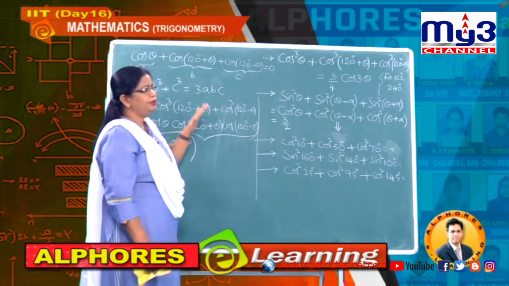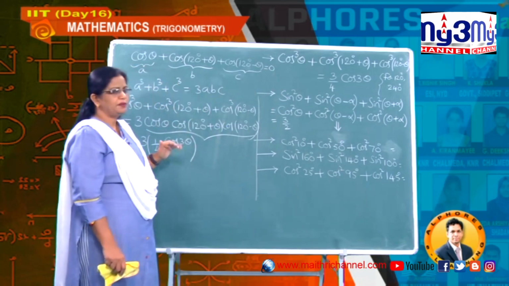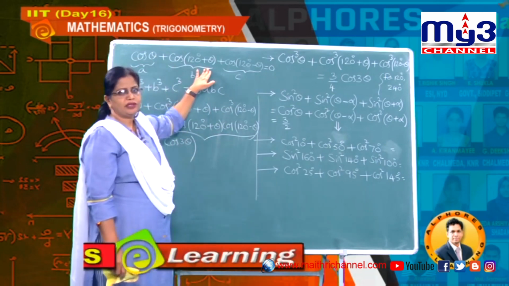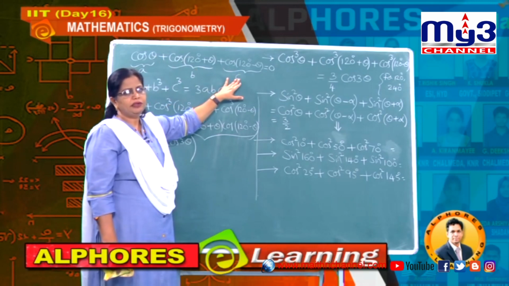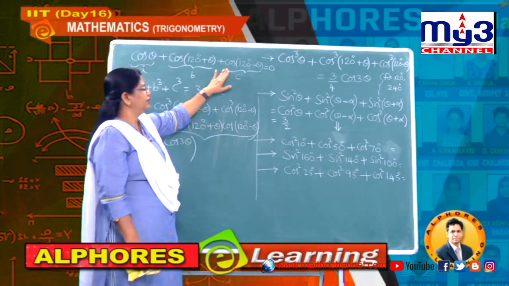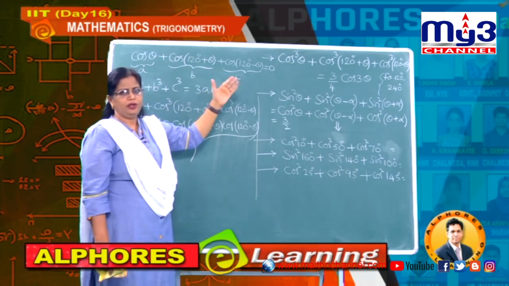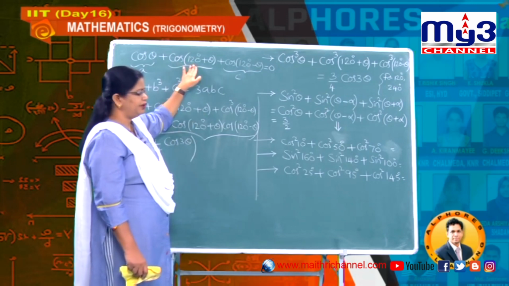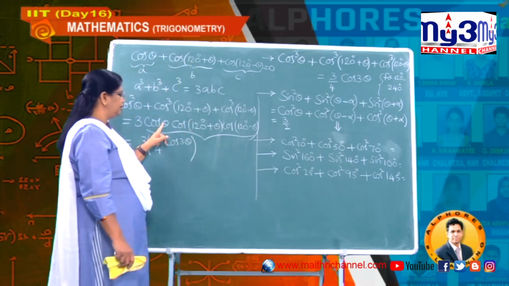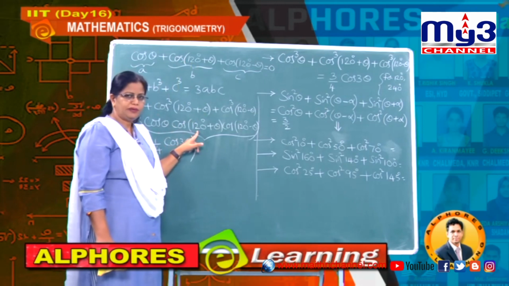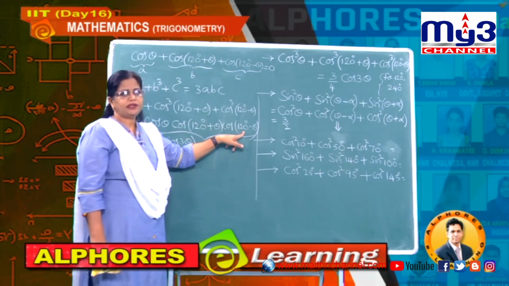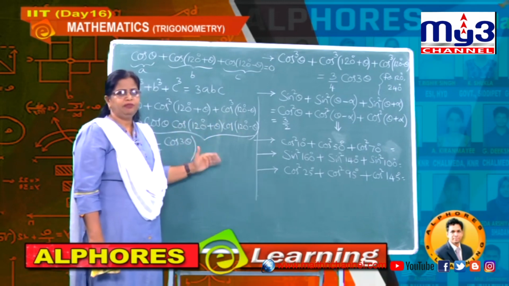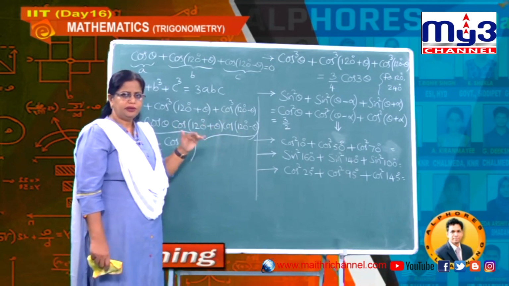Now observe the two known results we have used to solve this problem. What are those two known results? One is cos theta plus cos 120 plus theta plus cos 120 minus theta equal to 0. Of course 120 can be replaced even by 240 degrees also. The other known result is cos theta into cos alpha plus theta into cos alpha minus theta, where alpha is 60 degrees, 120, 240, also 300.